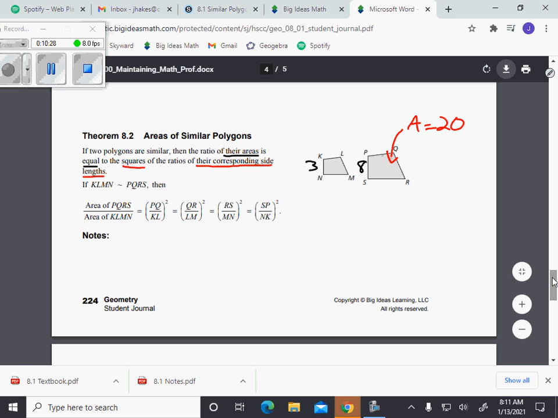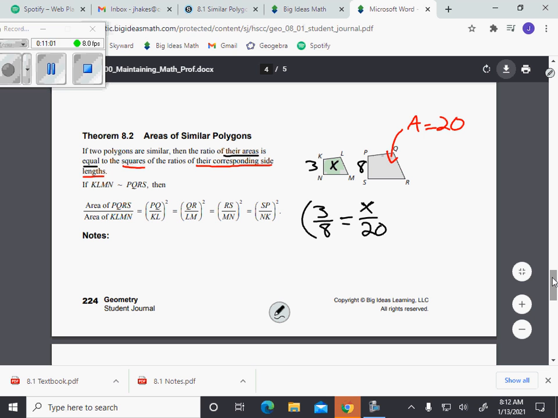Okay, we're going to set up a somewhat similar ratio. We have 3 over 8 is going to be equal to, well, the area was x. x over 20. Okay, but this says their areas are equal, but their corresponding side lengths are squared.